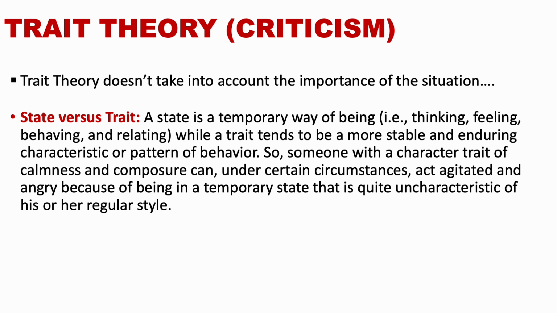So, for example, someone with a character trait of calmness and composure can, under certain circumstances, act agitated and angry because they're in a temporary state. And that temporary state might be very uncharacteristic of how you normally behave.